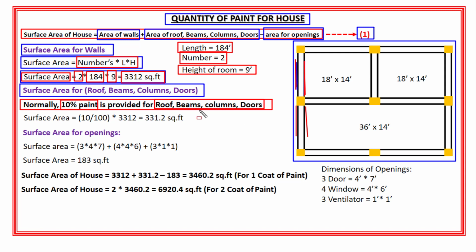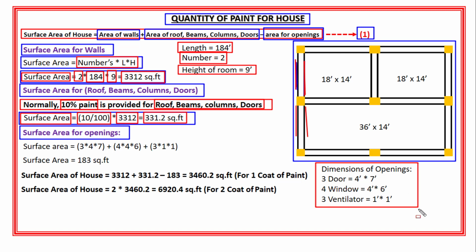So the surface area of floors, beams, columns and doors is equal to 10 divided by 100 multiplied by the surface area of the walls, which is 3312 square feet. So the total area of floors, beams, columns and doors will become 331.2 square feet, right?